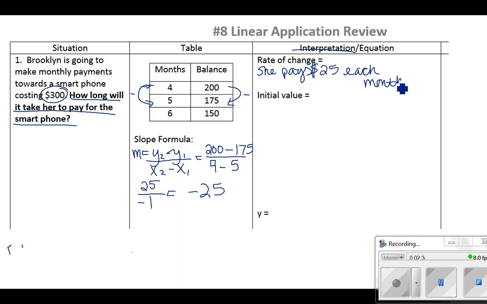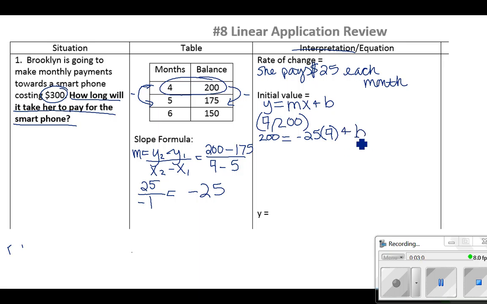To find that, we are going to use y equals mx plus b. I'm going to use the 4 and the 200 as my x and y. So 200 equals, the m is negative 25, the x is 4, plus b. Now I'm going to solve it.